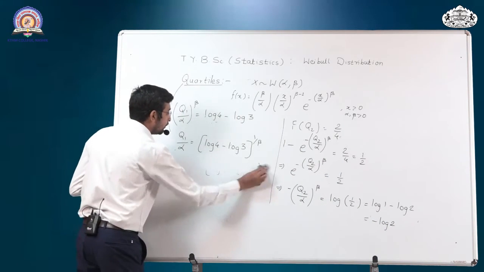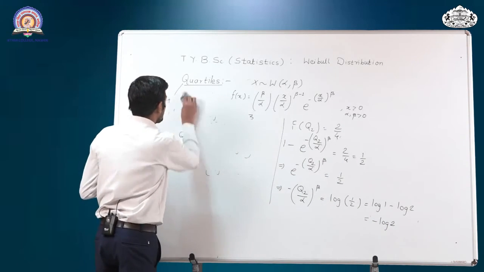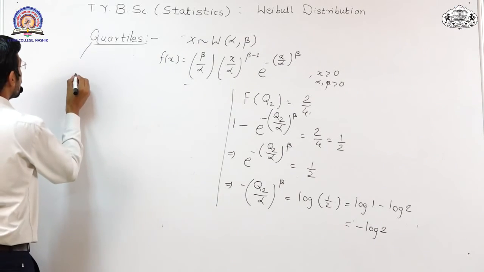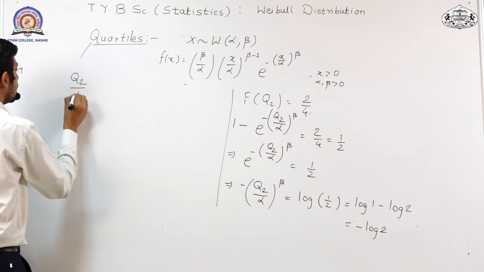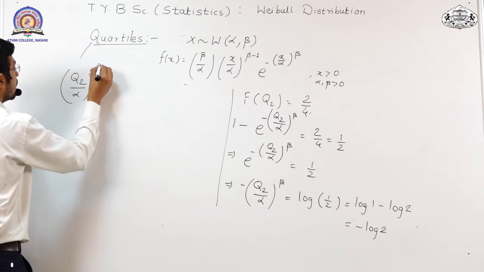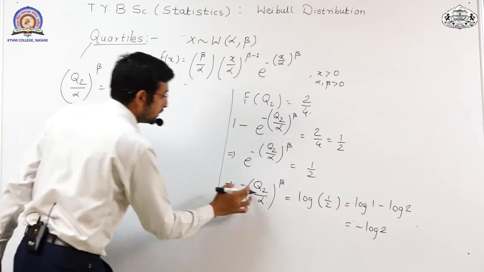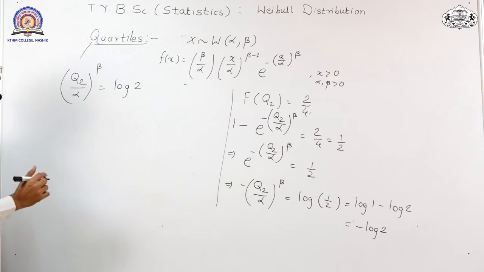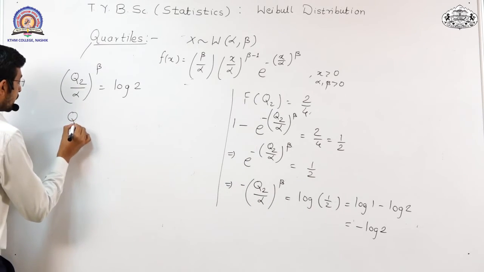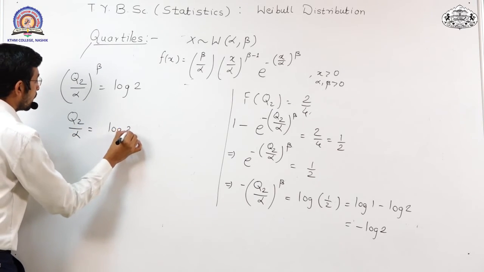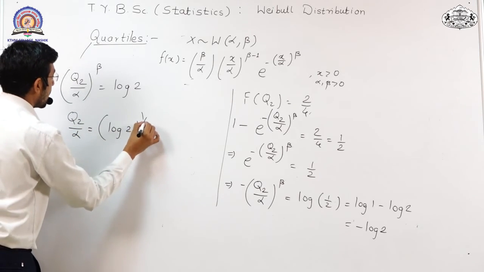Then if you want to simplify this equation, we get (q2 upon alpha) raised to beta is equal to log 2, since this minus sign is cancelled on both sides. Now q2 upon alpha is (log 2) raised to 1 upon beta.